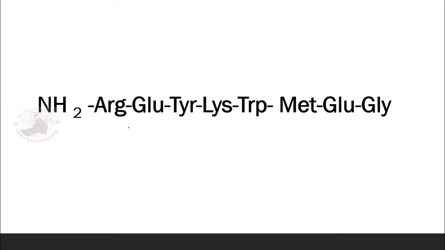This is the same sequence. First of all, we'll see what is the cleavage site for trypsin. We already understood that the cleavage point refers to where it can cleave. First, it cleaves at lysine and arginine.